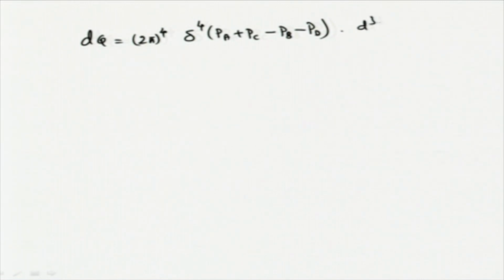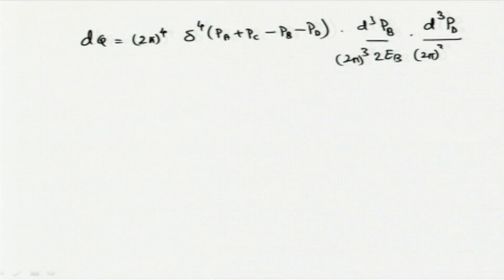into d 3 P B over 2 pi 3 2 E B, d 3 P D over 2 pi power 3 2 E D. Firstly, there is a 2 pi power 4 factor in the numerator and then a 2 pi power 6 factor in the denominator.